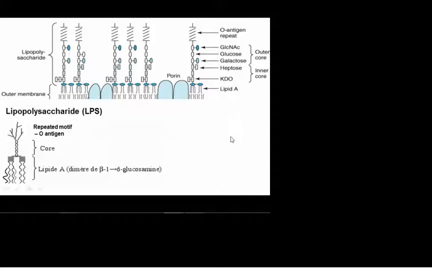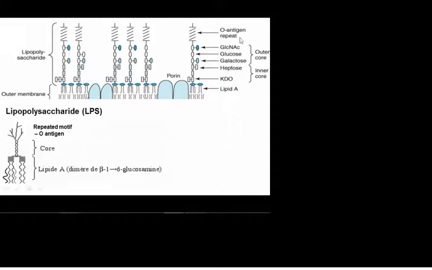Right, so we stopped before LPS, lipopolysaccharide, which is what makes up the external leaflet of the outer membrane of gram-negative bacteria. LPS has this structure, lipopolysaccharide, so lipid and polysaccharide.